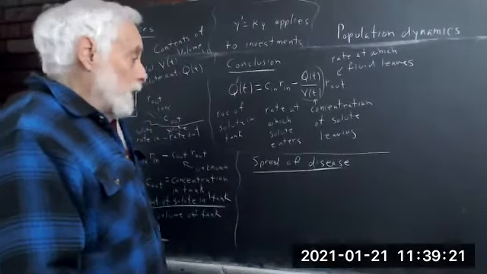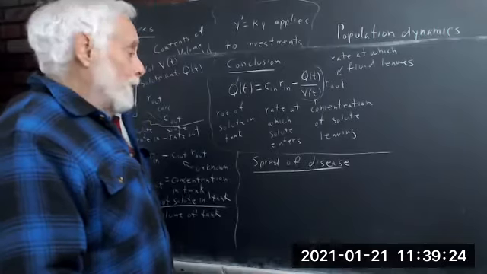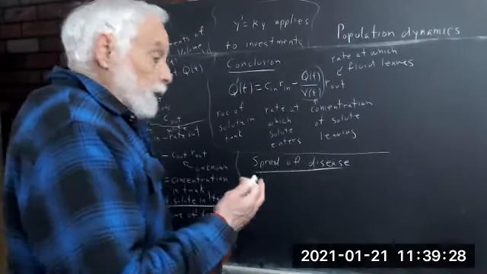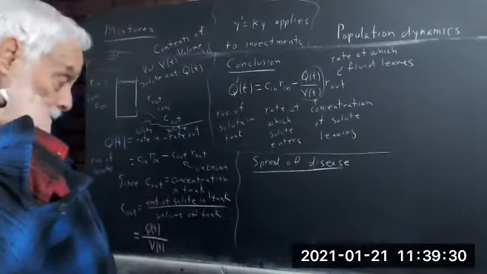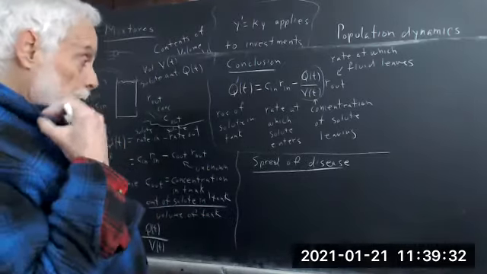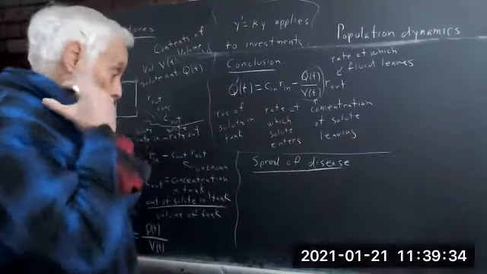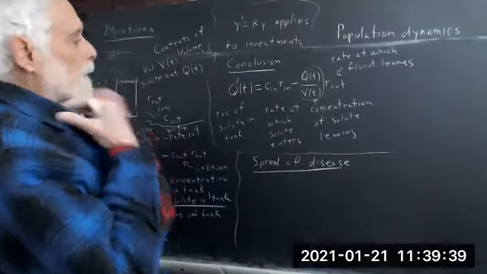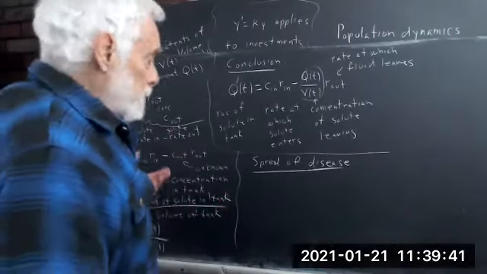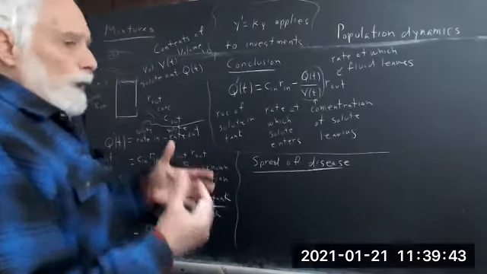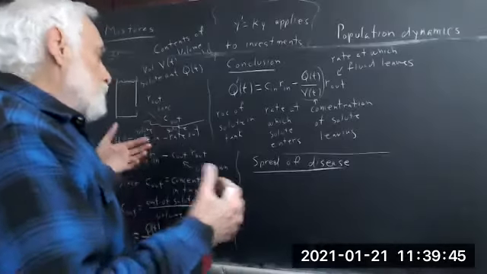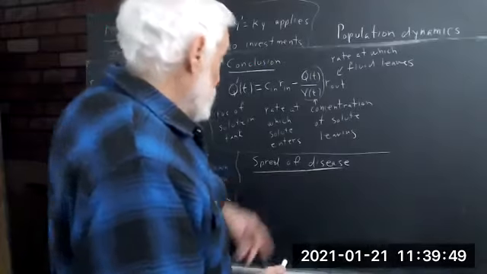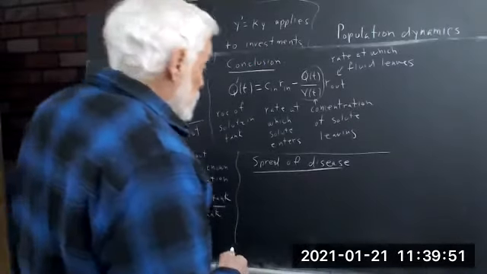Now, that doesn't mean that there aren't things that mitigate the validity of the model, but the model itself is a perfectly objective thing, and then you can debate how you deal with it. You can debate how things change the model. That's a valid debate and a useful, necessary one. Okay, anyhow, you got spread of disease.